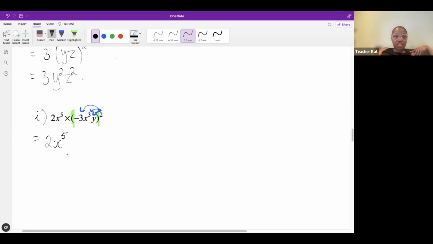I'm just going to leave this here until we need it, okay? Times, so negative 3 has to be squared. X has to get the exponent of 2, and so does y times 2. Then we simplify quickly. What is negative 3 squared? Excuse me, negative 3 squared. It is positive 9.